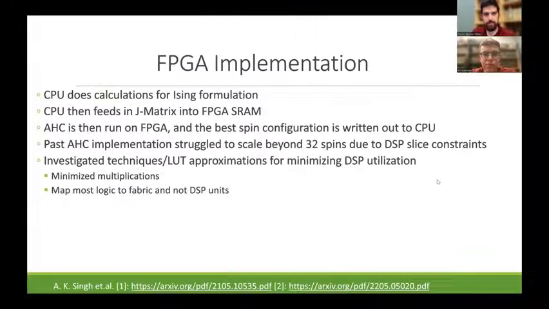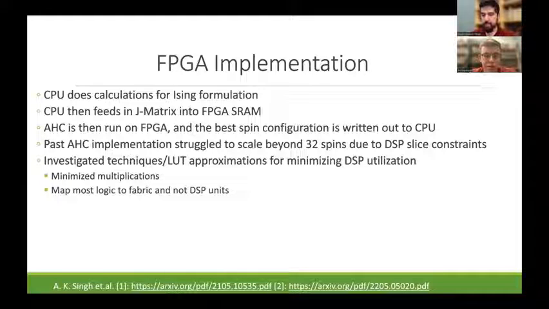And to recap, the way this works on FPGA is we have the CPU do the calculations to actually map the problem to the Ising model. This is then fed into the FPGA. AHC is run on the FPGA, and we obtain the best spins. Those are written back out to the CPU.